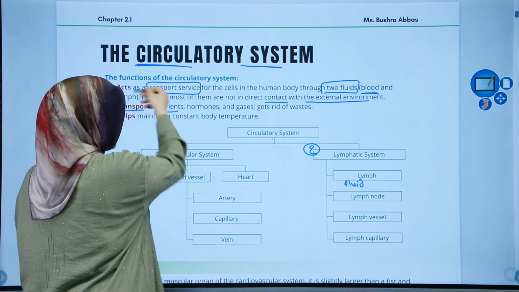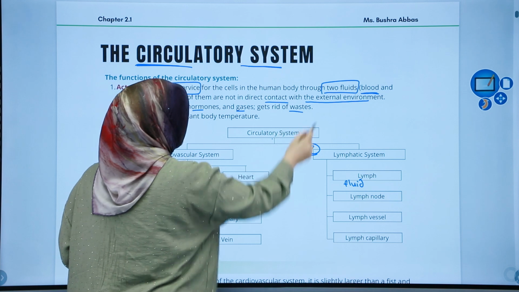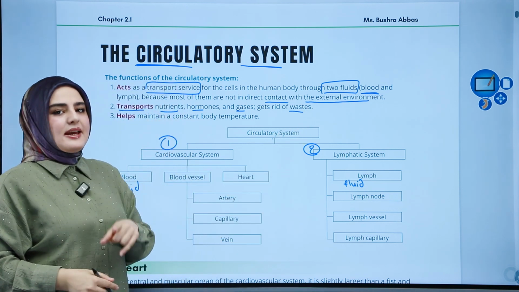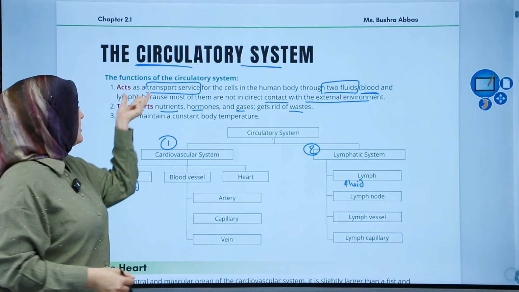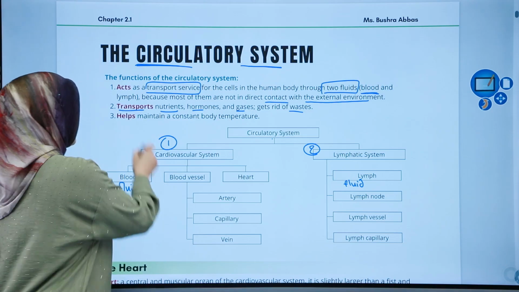Transport, of course, we said it's a transport service, so nutrients, hormones, gases, waste, anything that needs to be taken from one side to another, is carried by the liquids of the circulatory system.